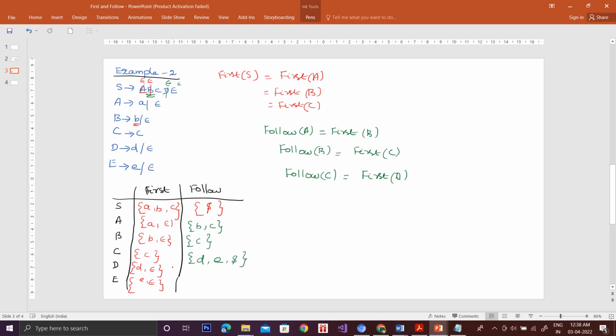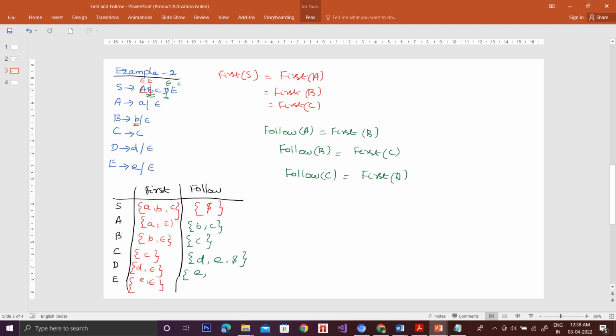Now you have to find out the follow for D. What is follow for D? It is capital E, and there is no symbol after that. Since this is a non-terminal, you have to find first of that capital E. First of capital E is small e, and also we have the epsilon symbol.